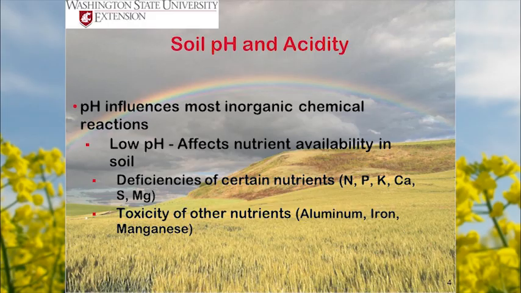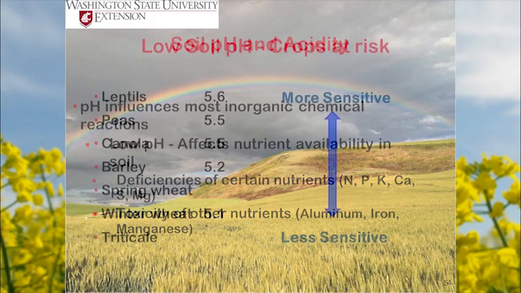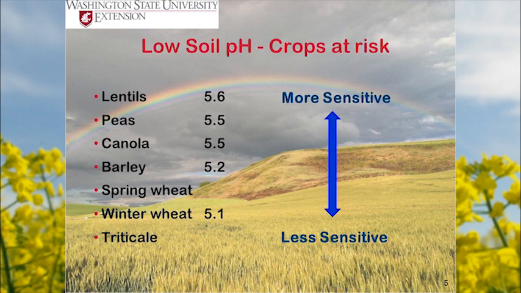So you take a look at the crops that are at risk, and I plugged canola in there, and the kind of minimum pH we'd like to see for canola is around 5.5. And we've got a lot of soils that are below that, at least in the top foot, top 6 inches even.